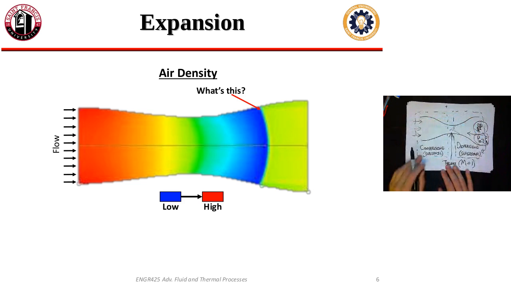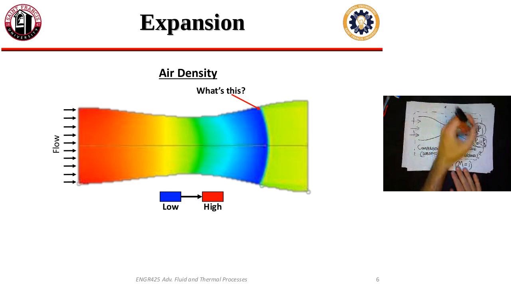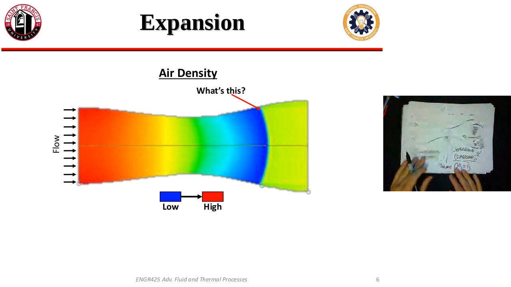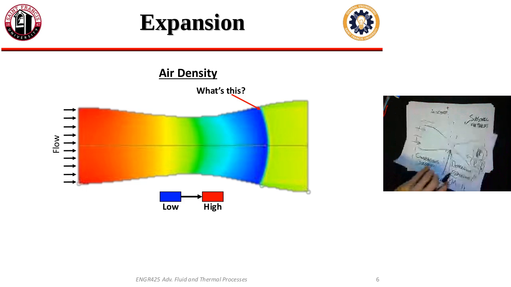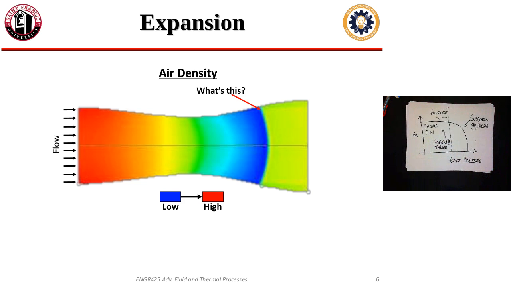And we know that both of those things don't happen. So there has to be some mechanism by which the pressure at the exit is corrected to meet the pressure here. If the back pressure is really low, it means that air density is also probably really low.